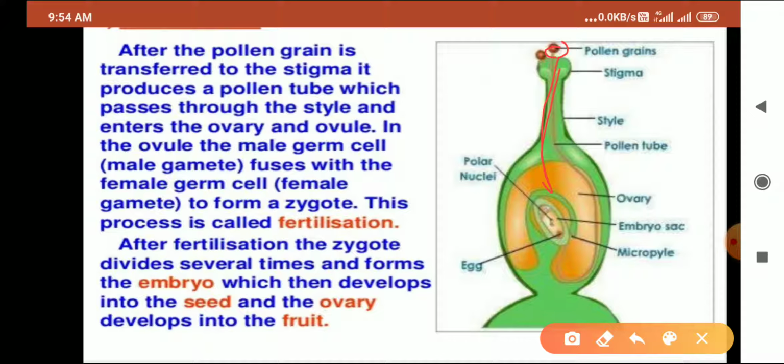This pollen tube carries two male gametes. These male gametes are helpful in fusion or fertilization. One of the male gametes fuses with the female gamete, resulting in the formation of a zygote, which is termed syngamy, or fertilization. Here it is the first fertilization.